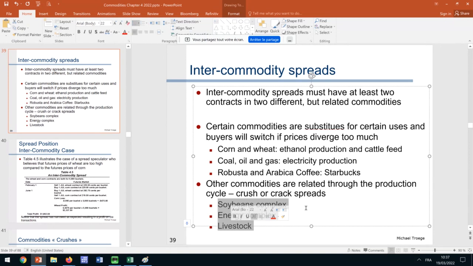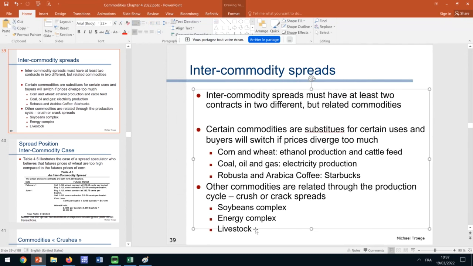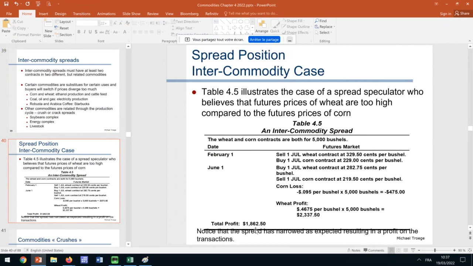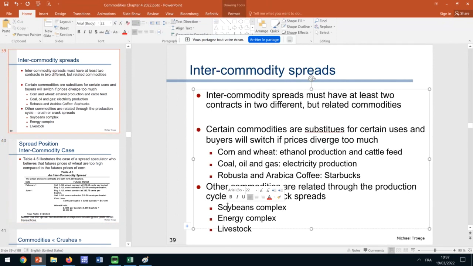And then you have production cycle relationships. This is the soybean crush, or the energy complex, or the livestock complex. So what does that mean? It means that you have several related contracts on soybeans. You have the soybeans as such, and then you have the soy meal, which is produced from the soybeans, and you have the soy oil, which is also produced from the soybeans.